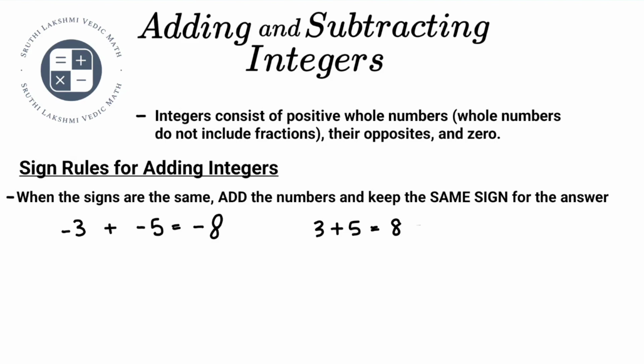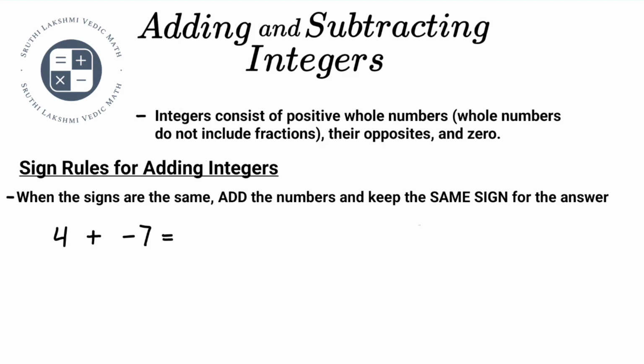But remember, you don't have to add the positive sign for the 8 since all integers without a sign are considered positive. Let's look at a different example. 4 plus negative 7. Here, one number is positive and the other is negative.